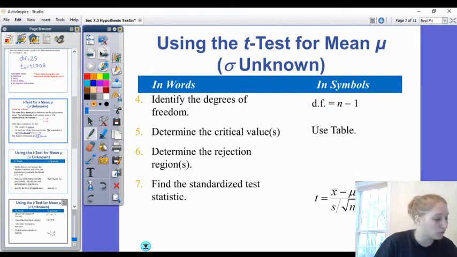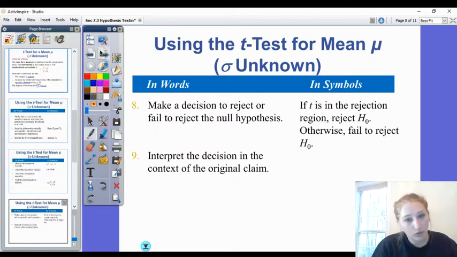It's very similar to what we've been working with before, it's just now we are using the t instead of z. Once you find your test statistic, you're going to make a decision whether or not to reject, and then write your final sentence interpreting your decision. Let's go ahead and do a couple of examples.